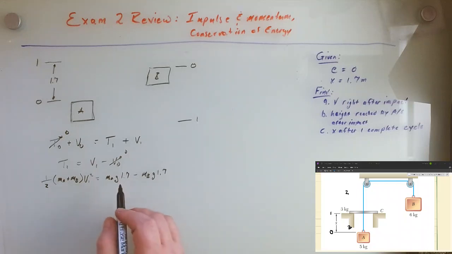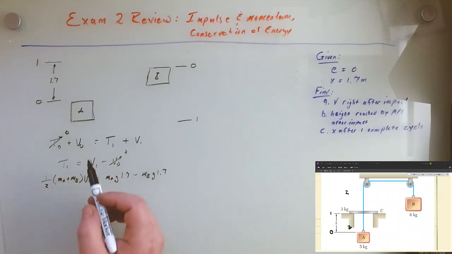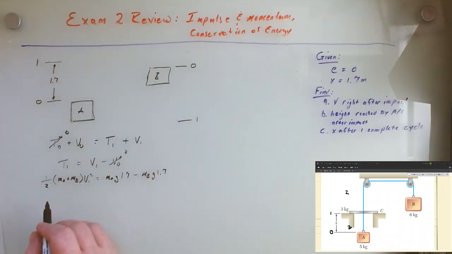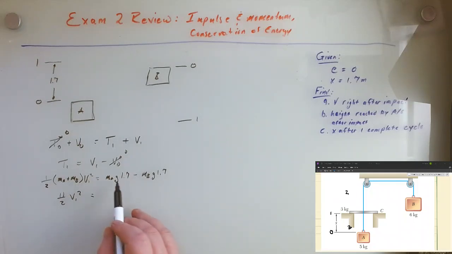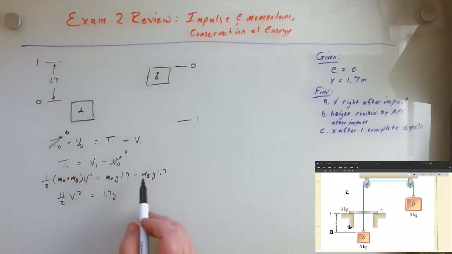Okay, so let's see. This is 5 and 6, so 11 halves. V1 squared is going to be equal to, let's see, g 1.7, so let's say 1.7 g, and then this is 5 minus 6, so minus 1, and this is already minus, so there we have it.